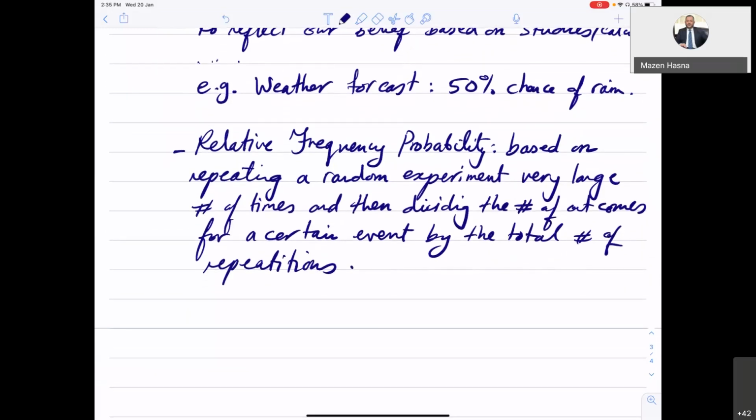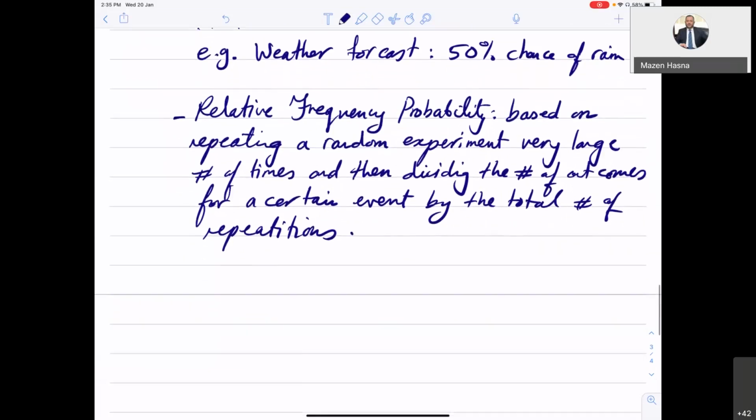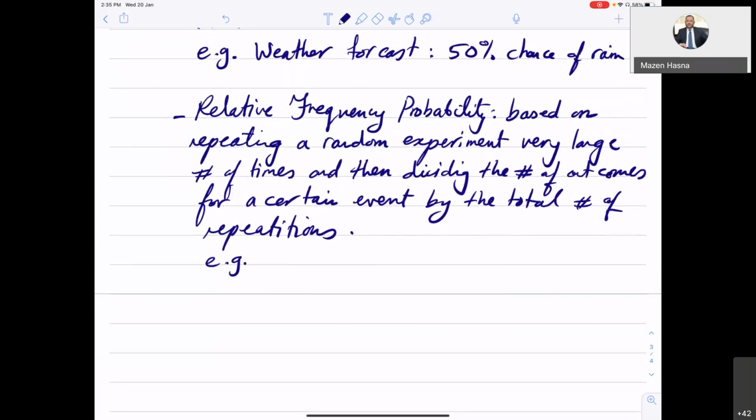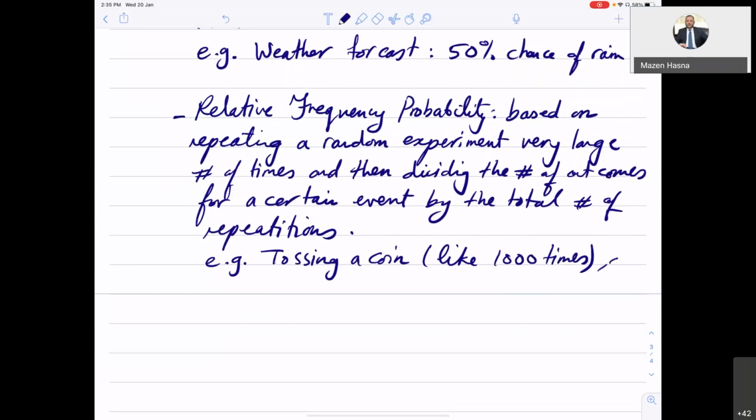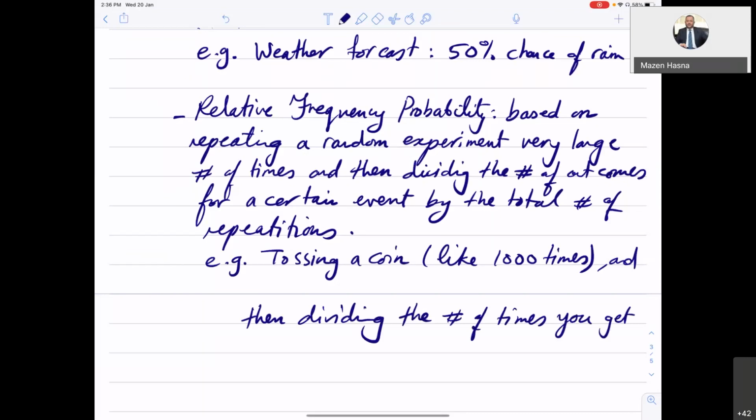A good example for this is tossing a coin, like 1,000 times, and then dividing the number of times you get a head by 1,000.